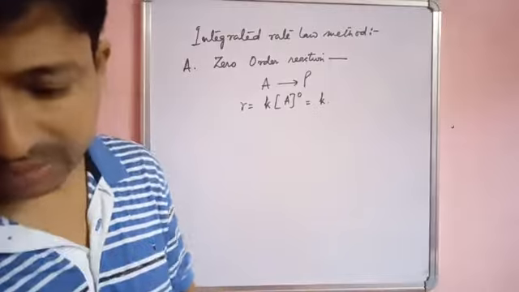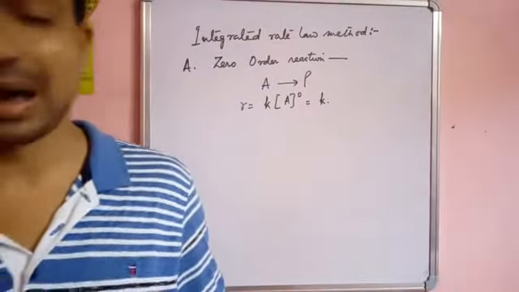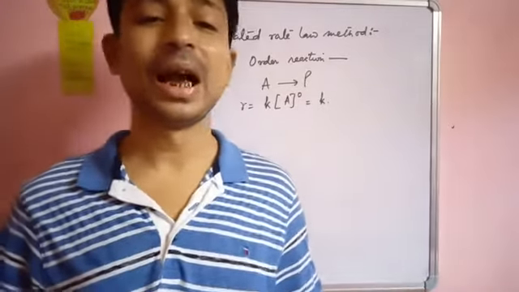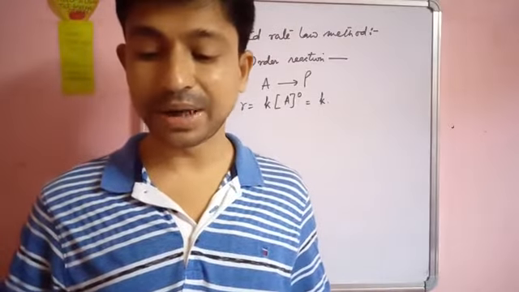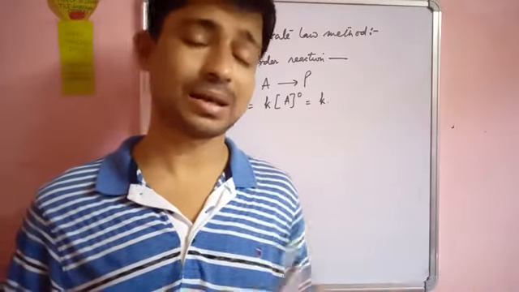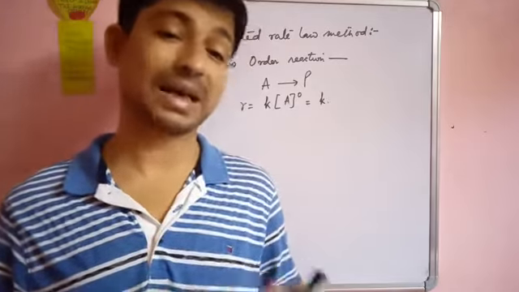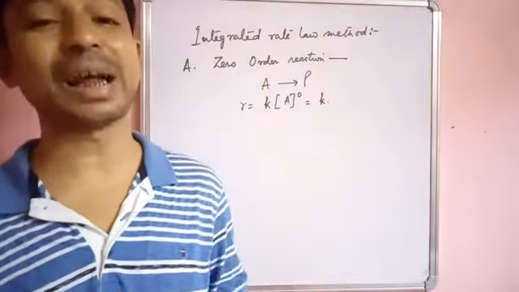Now these zero order reactions are relatively uncommon, and they occur under special conditions, like in the last class we saw ammonia decomposition on platinum surface. So it is a special type of reaction.